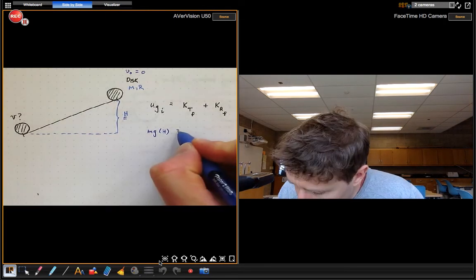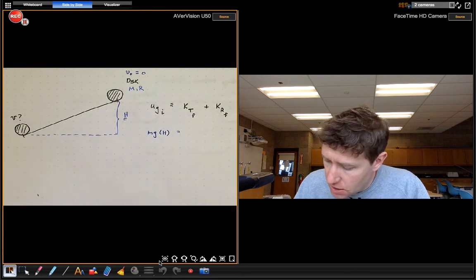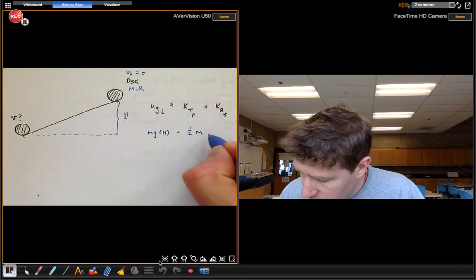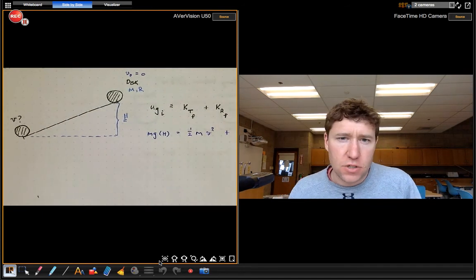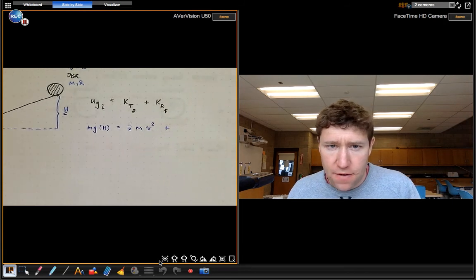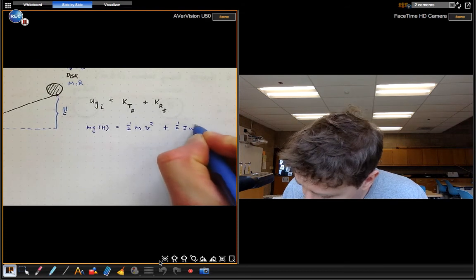It equals the kinetic energy of translation down here, which is a function of this v, so that's 1/2 the mass of the disk times v squared, plus the kinetic energy of rotation. What's our equation for kinetic energy of rotation? It's 1/2 I omega squared.